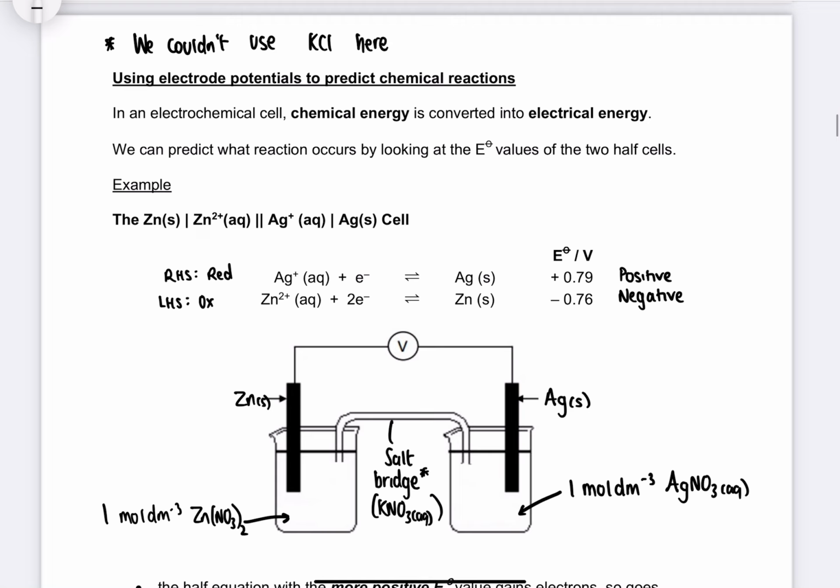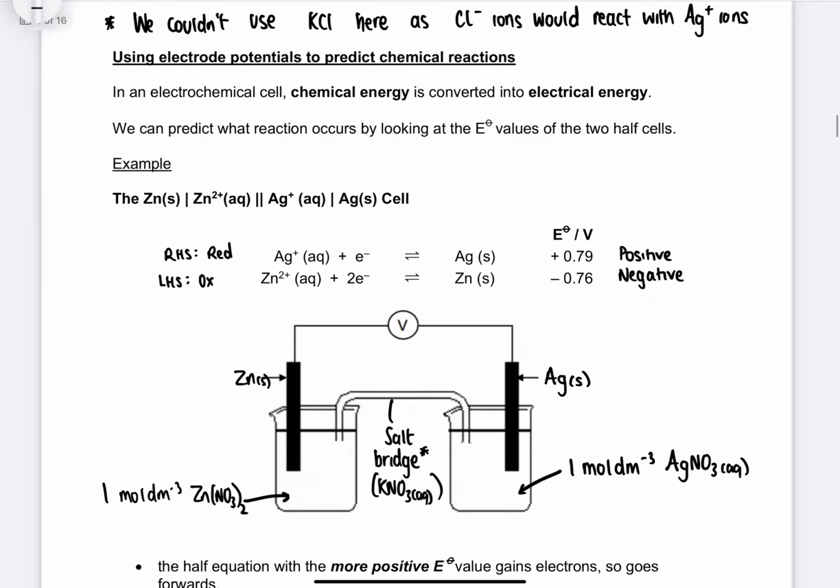This is one of the examples where we couldn't use KCl because silver ions in the silver half cell would react with the chloride ions. Cl- ions would react with Ag+ ions, and that would change the concentration of the silver ions and affect the EMF. It would precipitate out as well.